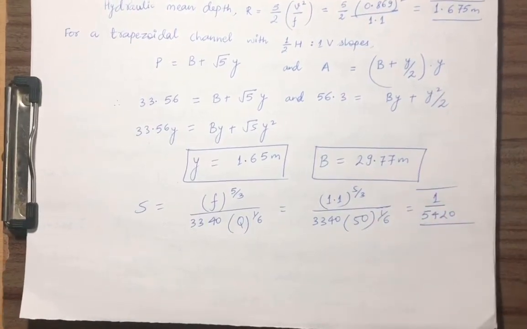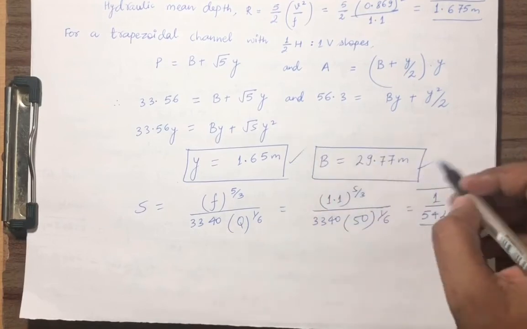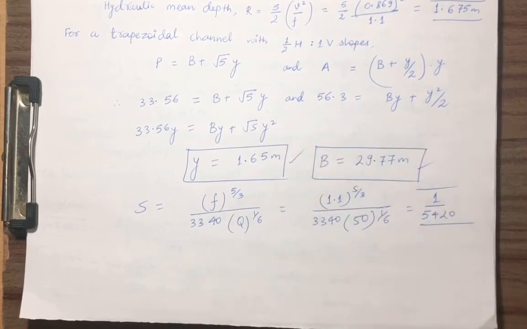So these are the dimensions of the channel, and this is the bed slope. In this way you can design the channel with the help of Lacey's theory. The theoretical portion is a little bit complex, but the numerical portion is very easy, because for every parameter Lacey has proposed a fixed formula. We have to just put in the values and we can easily calculate the channel dimensions.